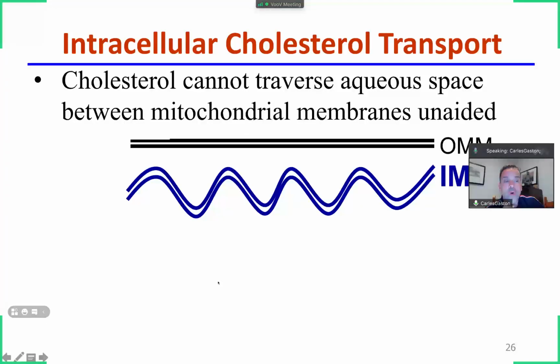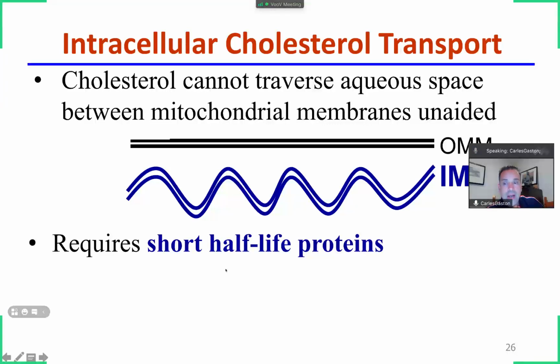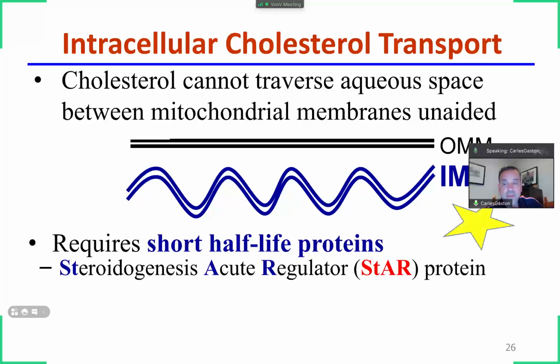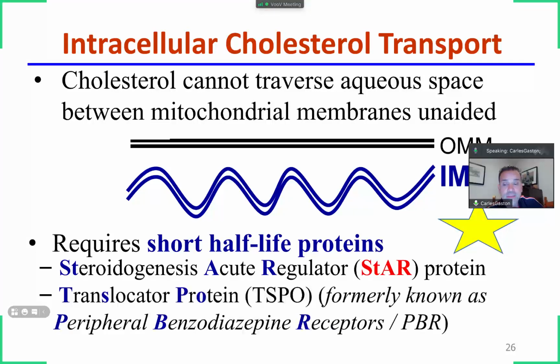So here we have a very simplified mechanism that represents the layers of the mitochondria, outer mitochondrial layer and inner mitochondrial layer. Now, for the cholesterol to pass, this needs short half-life proteins, and they are called steroidogenic acute regulatory protein, StAR, and the translocator protein, or TSPO.